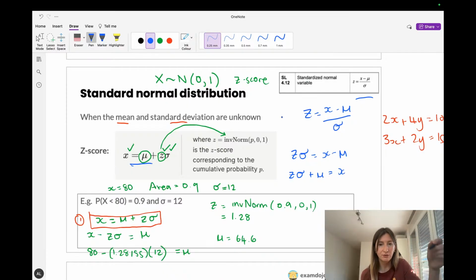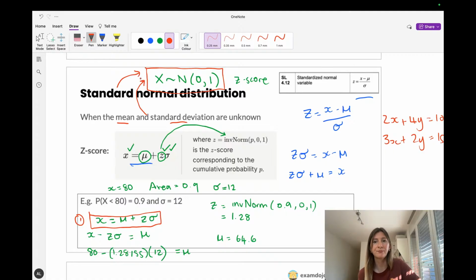That is when you use the inverse norm of 0 and 1, because we're standardizing. Or if they use the word standardized or standard, anything like that means that we're using this distribution with 0 and 1. So standardizing when mean and standard deviation are unknown, or find the z-score. These are all clues. So z-score, always going to have 0 and 1.